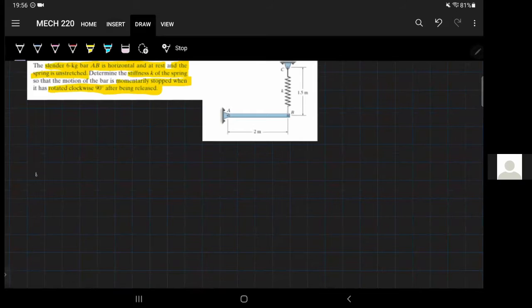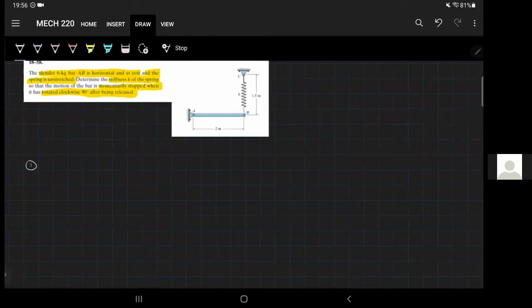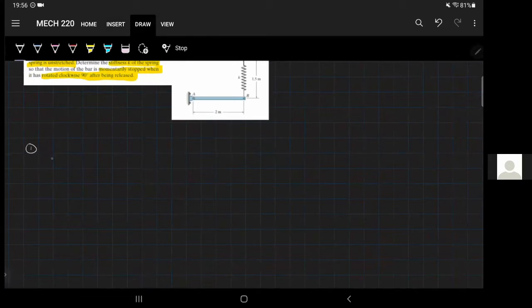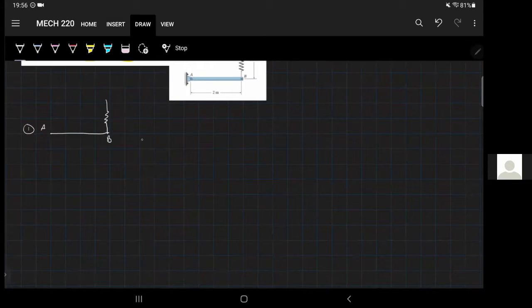So first thing, we'll just redraw the before and after, right? As you start, your object, of course, is the bar. We have this bar here, AB. You have a spring on it, right? That's at time 1. And then at time 2, it's going to be like this, right?